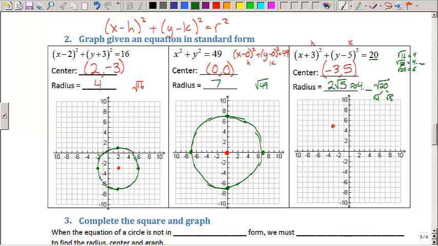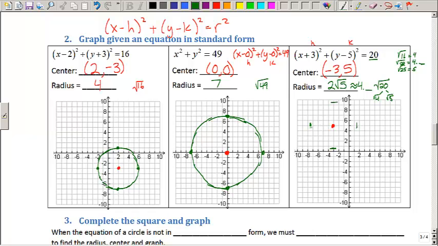So from my center, I'm going up 1, 2, 3, 4, and a little bit. Notice that's between 4 and 5 units away from my center. 1, 2, 3, 4, and then a little bit. To the right, 1, 2, 3, 4, and a little bit. Left, 1, 2, 3, 4, and then a little bit more.